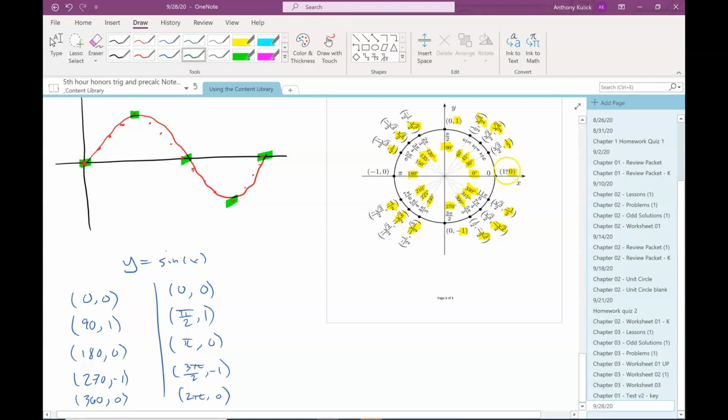So for example, we'd be starting at 0, 1, and then 30, root 3 over 2, and then 45, root 2 over 2, etc. So cosine is going to look like this.